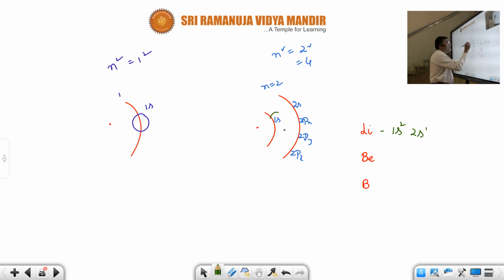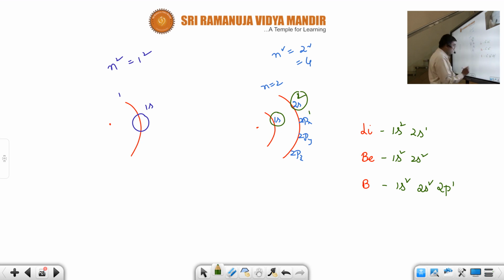Next beryllium, 1s2, 2s2, because an s orbital can hold 2 electrons maximum. In this room only 2 electrons can be present. Now boron, 1s2, 2s2, this is filled already. Next is 2p1.